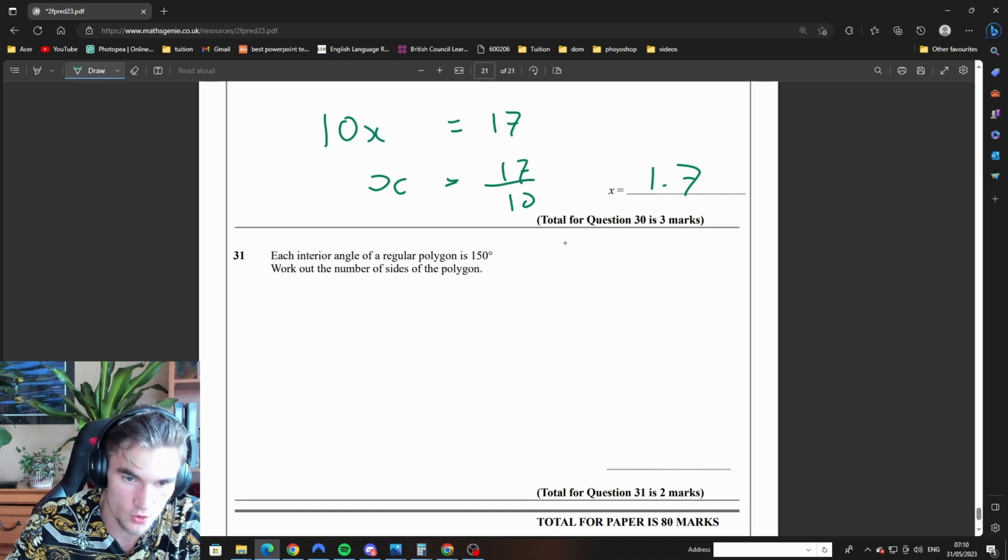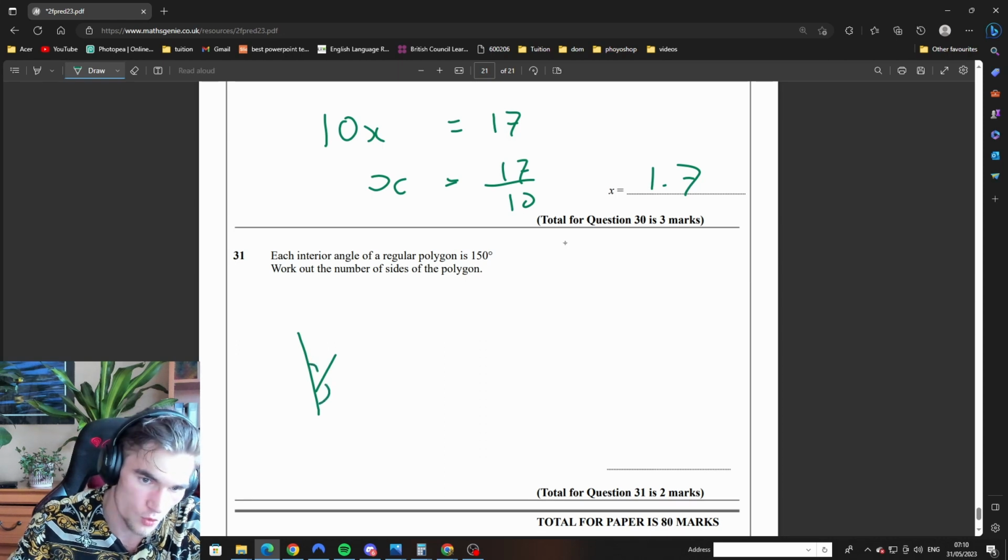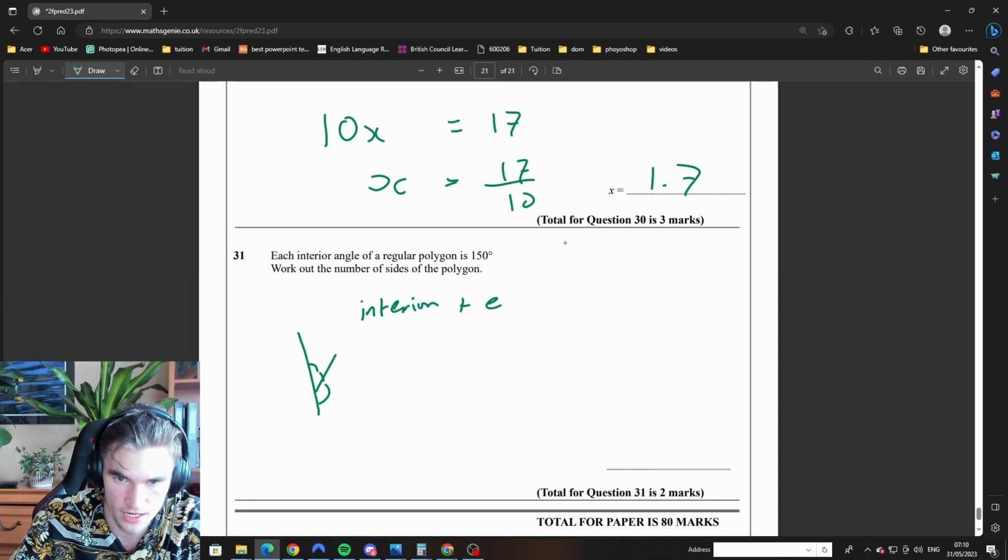Okay, so I know that the sum of the interior angle and the exterior angle of a shape is always 180, okay? So interior plus exterior angle equals 180, always, right? So I know that the interior angle is 150, so I know that the exterior angle has to be 30, right, to get 180.